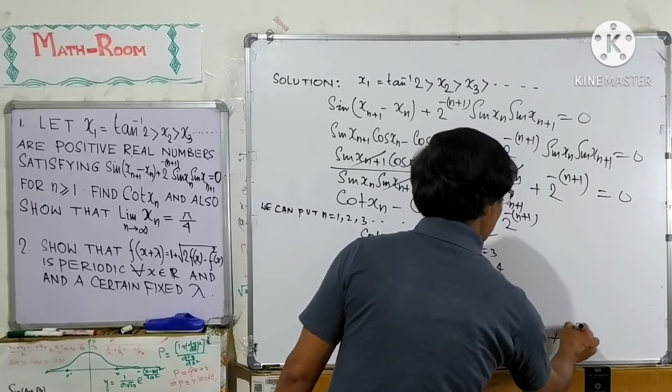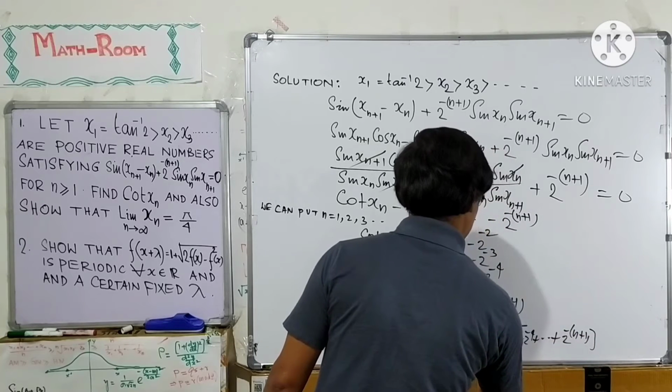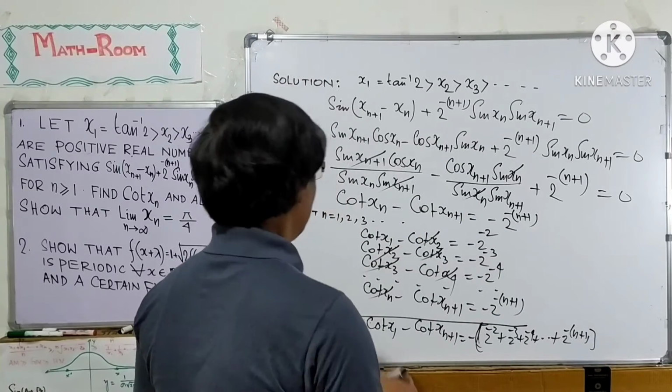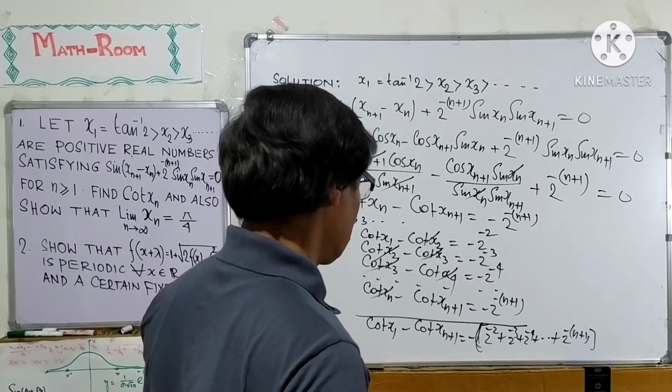Last term is 2 to the power minus n plus 1. This is the series, the right hand side is a series. So, we have got cot x1 minus cot xn plus 1 equal to this.